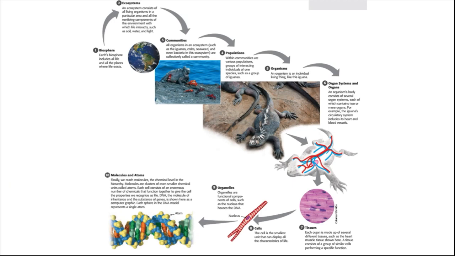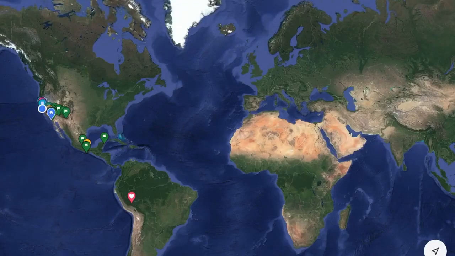If you have several different populations of organisms interacting in a space, we call that a community. And several communities together make up what we call an ecosystem. Now, if we look at all of the ecosystems on Earth together as a whole, we call that the biosphere.